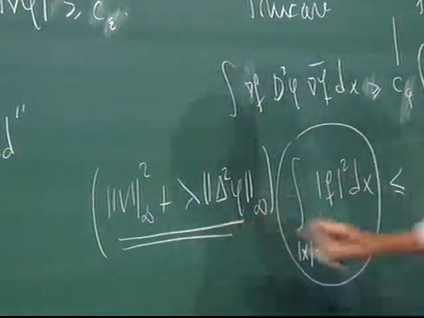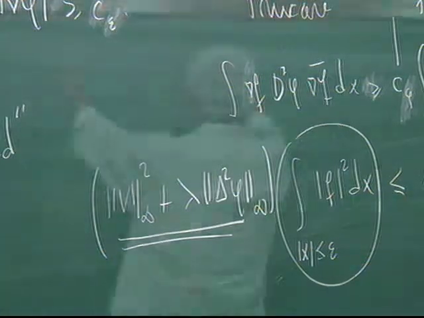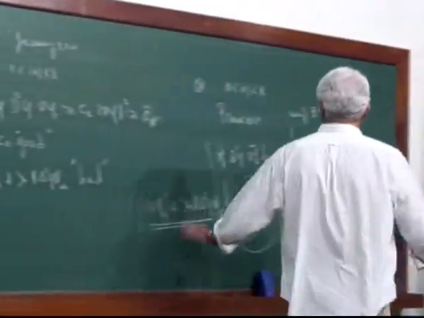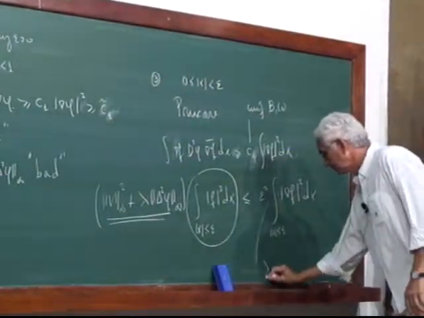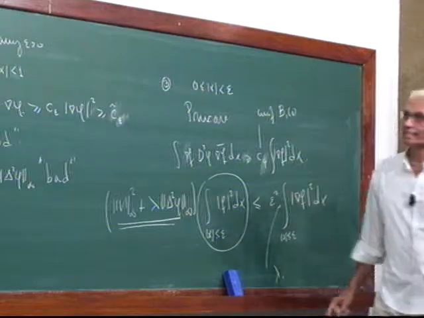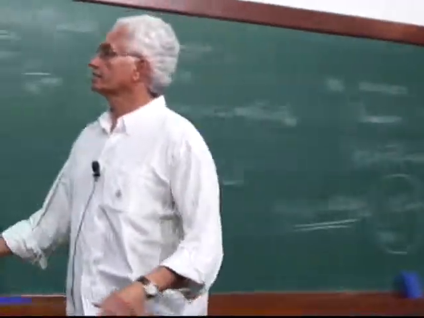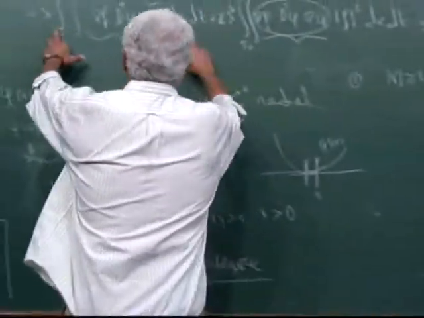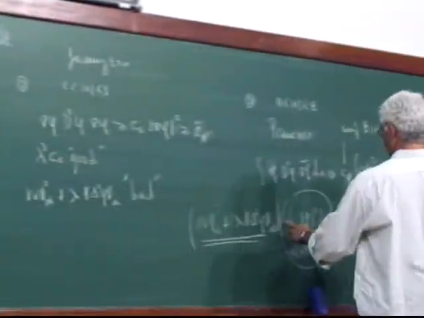And what do you have in front of this quantity? Only a lambda. Then you have lambda on both sides. This grows linearly in lambda. You have a lambda here. But what exactly do you control? You control this. Therefore, you only need an epsilon part of it to control this.